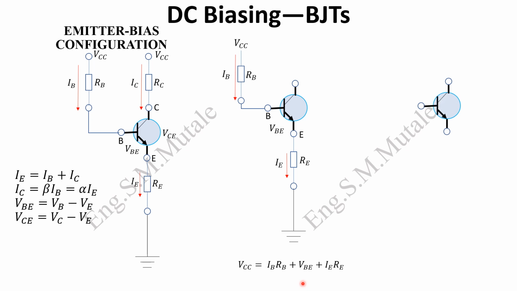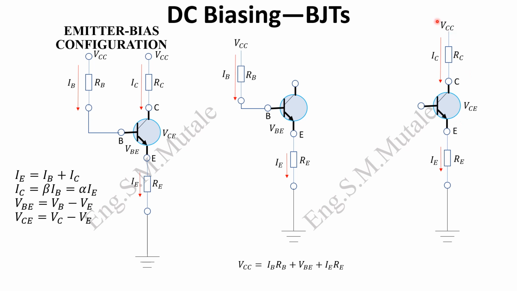That's our first analysis. Then we can look at the second analysis, taking the path on the right. So you have a transistor with those terminals, of course, and then we have that. So this is just basically this side here, which is this one. So from this one, we can do our analysis.